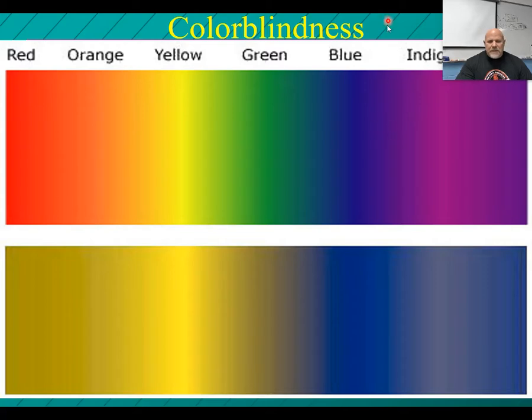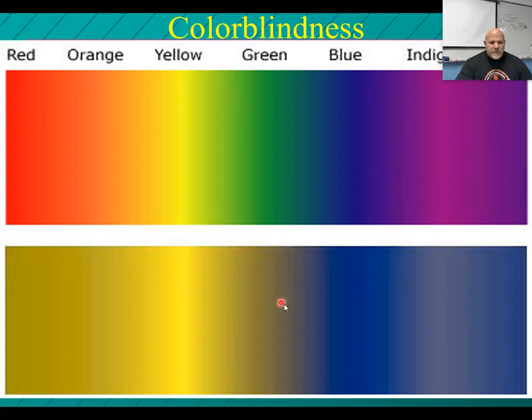This is probably the most common X-linked problem that males have. This is a normal color spectrum, but if you're missing a couple of those genes for making your colored cones, you're not going to be able to see in the normal color spectrum.